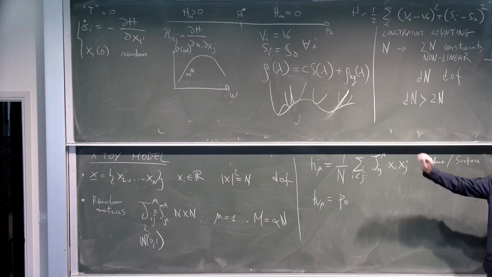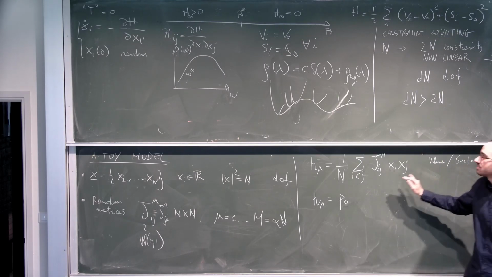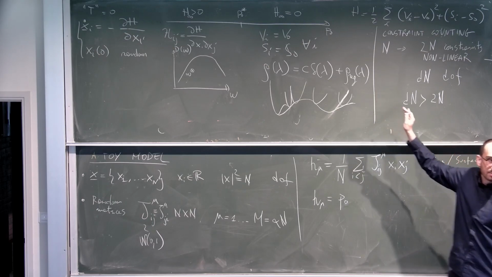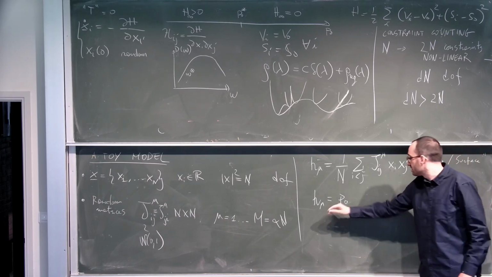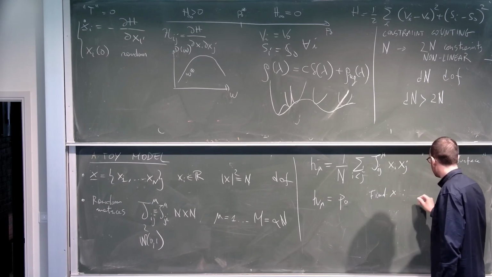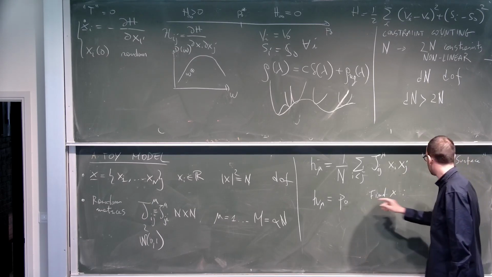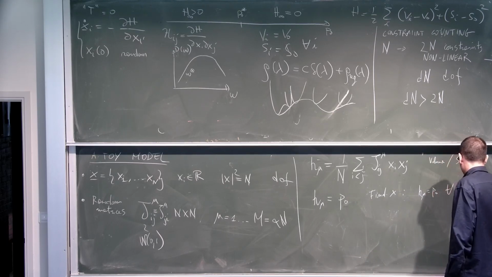It's a totally random, totally abstract model, but it morally looks similar to what people have been doing in tissues. So the idea is to find x such that this is true for every mu.